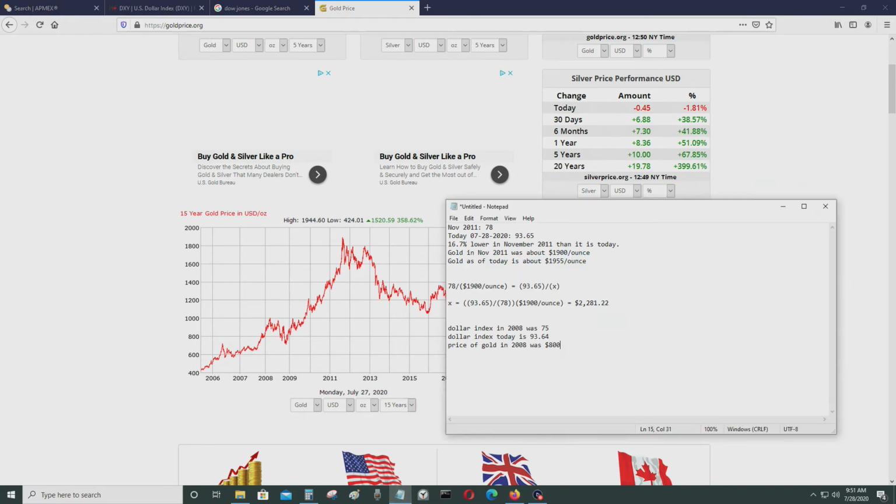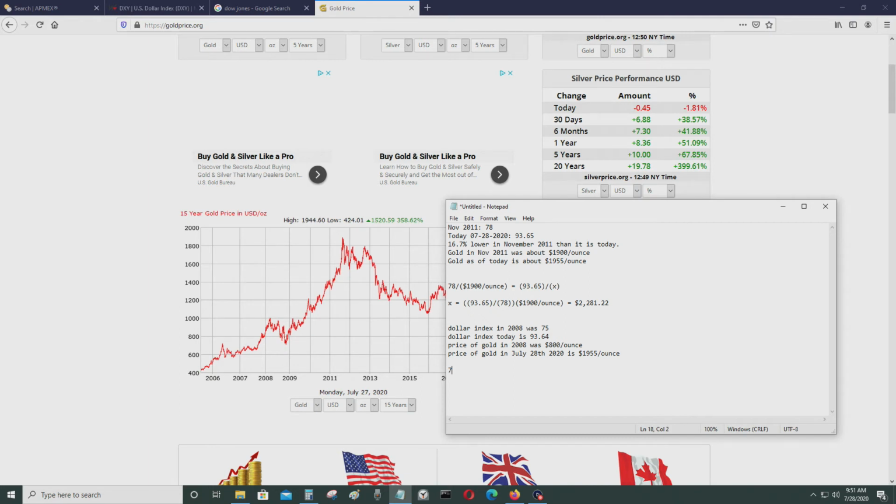It's $800 per ounce. Price of gold today, in 2020, is $1,955 per ounce, July 28th. So let's use proportions again.